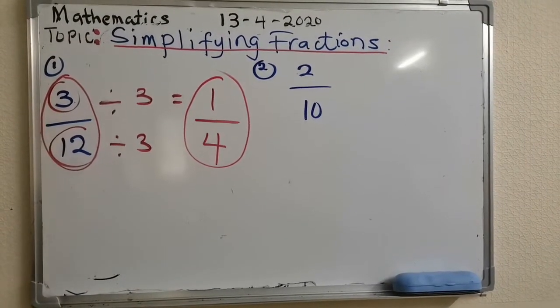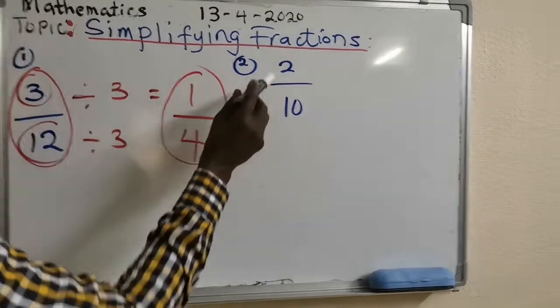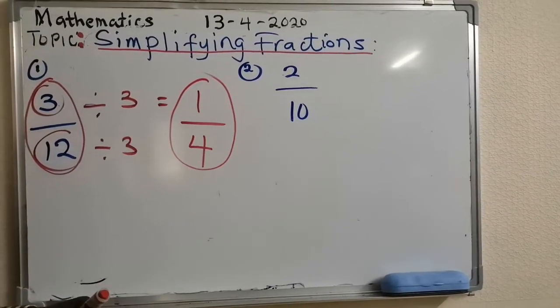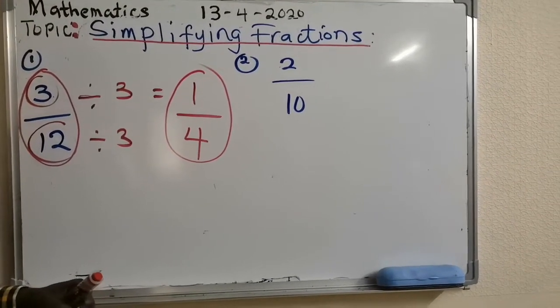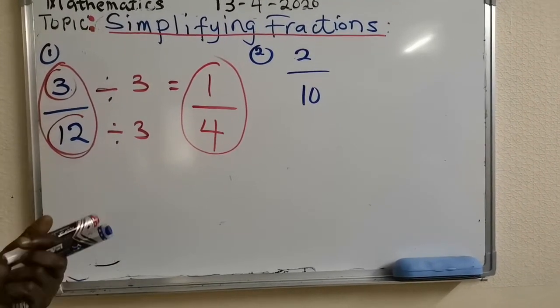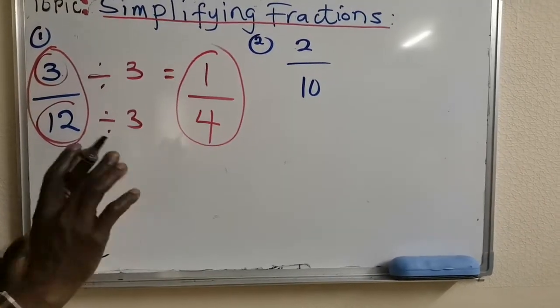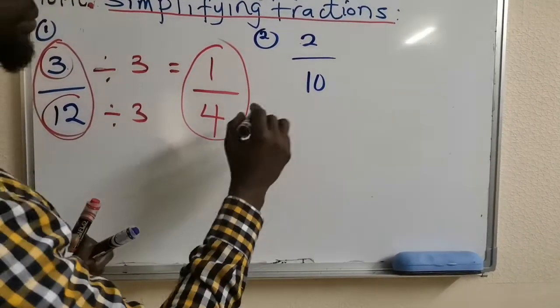So let's look at example 2. We have 2 over 10. The numerator is 2 and the denominator is 10. So here 2 can divide 10, so it will be very easy for us to simplify.